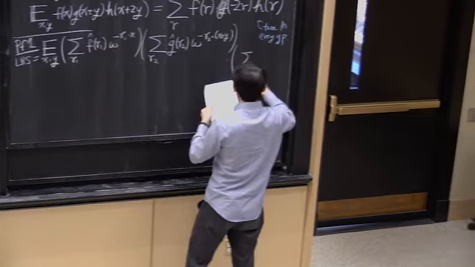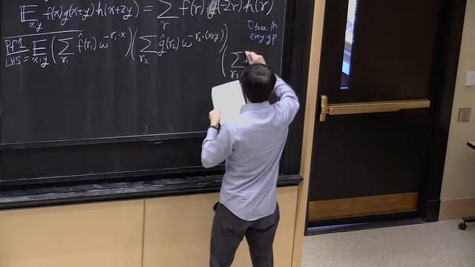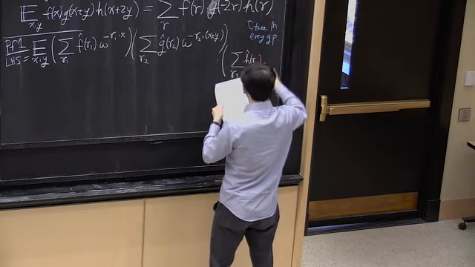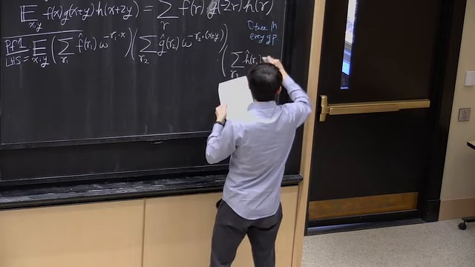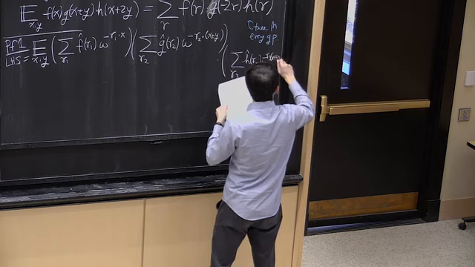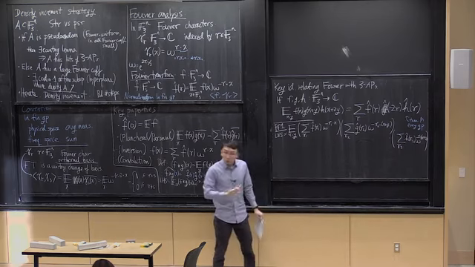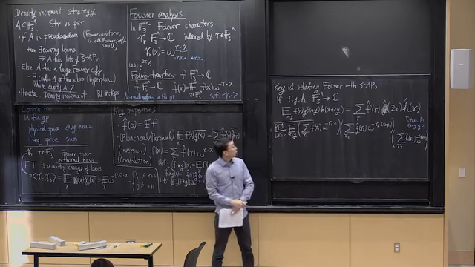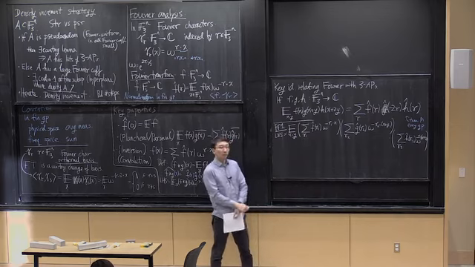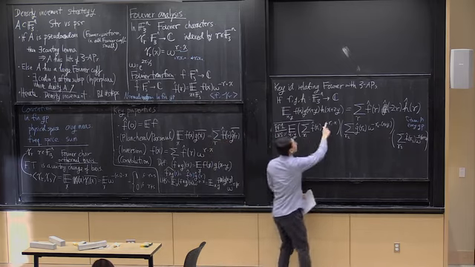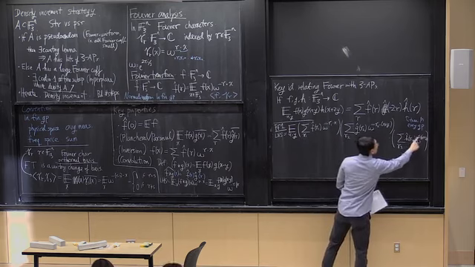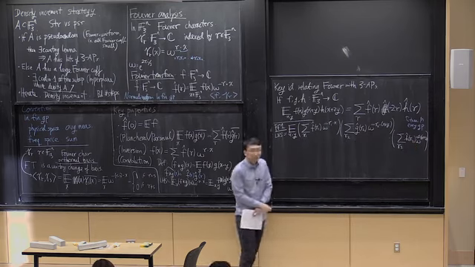And then finally, sum over R3 of h hat of R3 omega to the R3 dot x plus 2y. Okay, so I'm using Fourier inversion to replace f, g, and h by their Fourier transforms. Oh, sorry, there should be no minus.